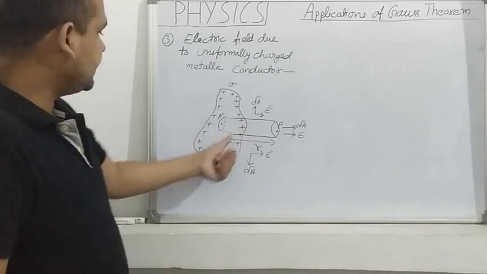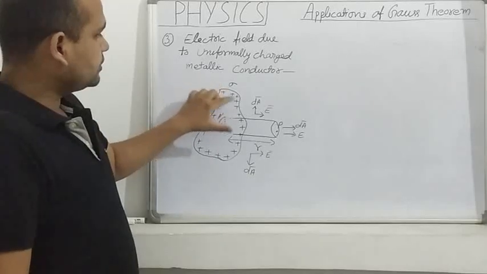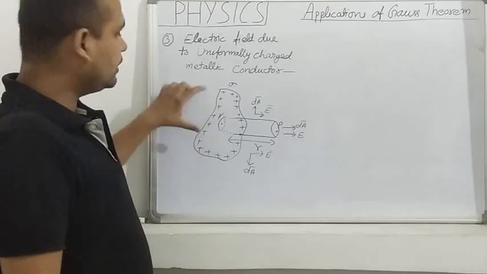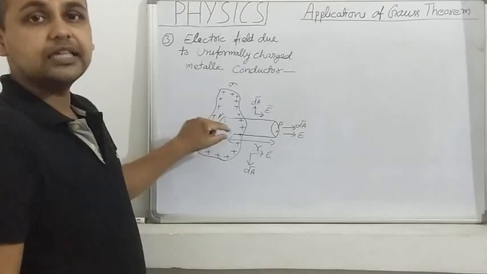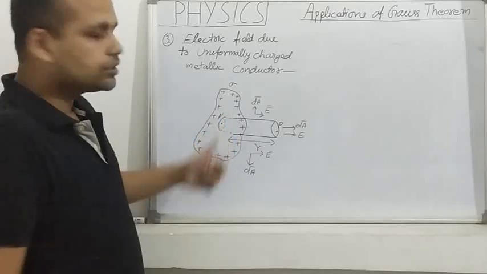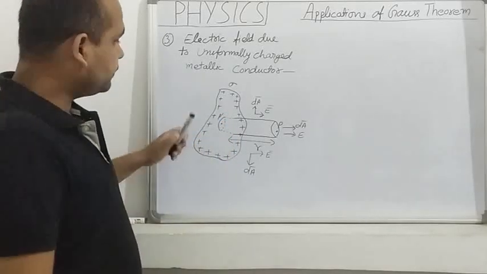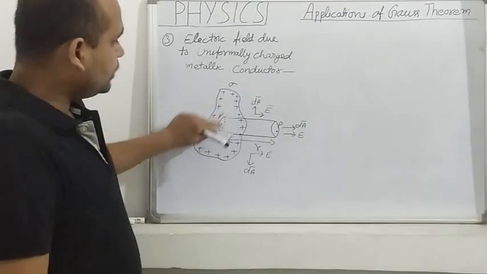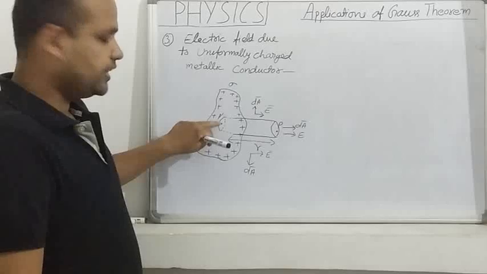So this is a metallic conductor. Therefore, the charges on this metallic conductor will exist on the surface. Inside the conductor there will be no charge, and since the other end of the Gaussian surface is lying inside the conductor, there will be no electric field on the other plane face.